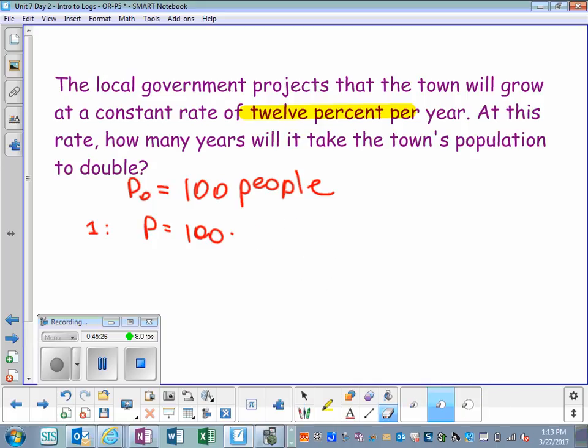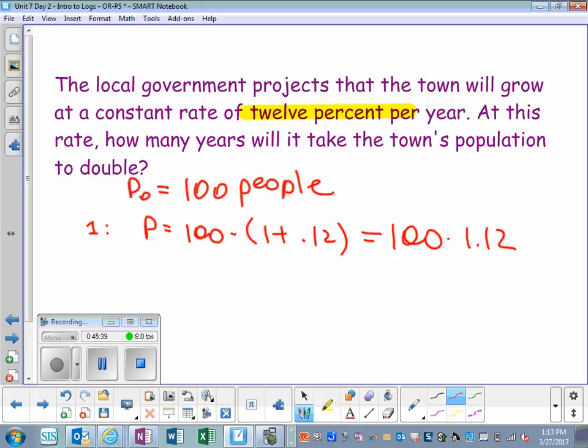Or I can also represent it as multiplied by 1 plus 0.12, right? Initial and then 12%. So 100 times 1.12. After 2 years, the population will grow to what? The population in the first year multiplied by what?